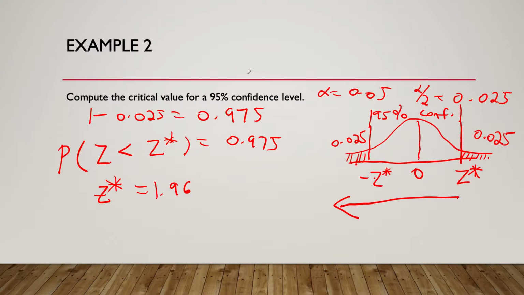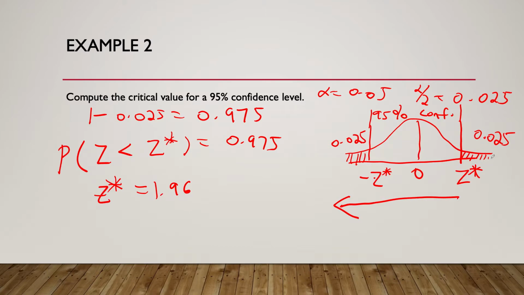For an example of calculating that critical value, we just saw it on the last screen, but if you want to do a 95% confidence level, alpha is 0.05, alpha over 2 is 0.025. Our 95% confidence is between the positive and negative versions of the z-score, but the area in both tails adds up to be 5%.